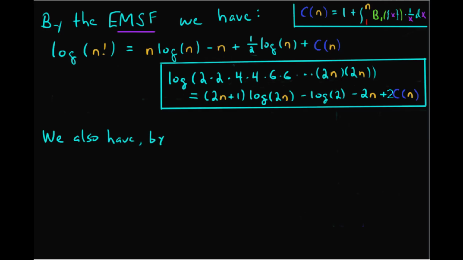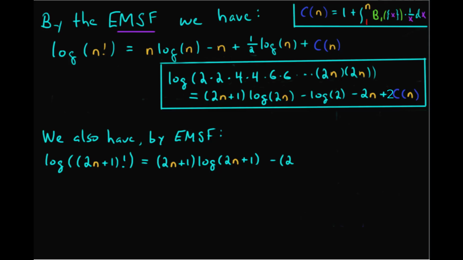We'll also need the following identity. We have, again by the EMSF, that the log of the factorial of an odd number, in other words, the log of 2n plus 1 factorial, equals, by the EMSF, 2n plus 1 times log of 2n plus 1, minus the quantity 2n plus 1 plus 1/2 times the log of 2n plus 1, plus 1, plus the integral from 1 to 2n plus 1 of the first periodic Bernoulli polynomial times 1 over x dx.